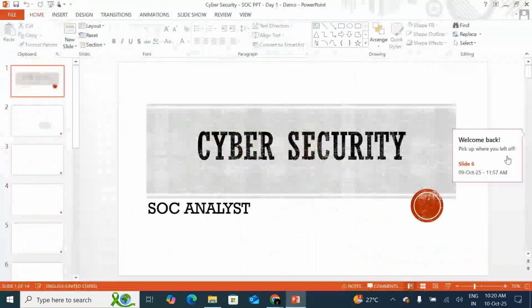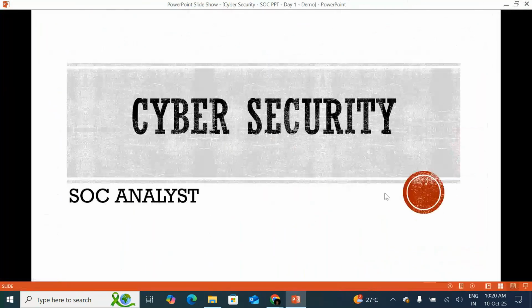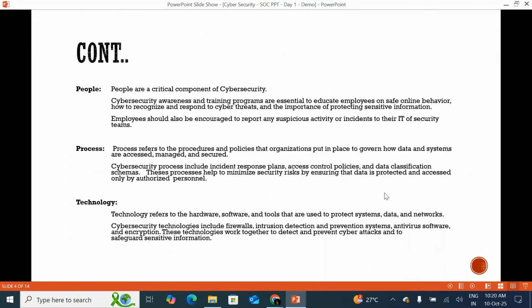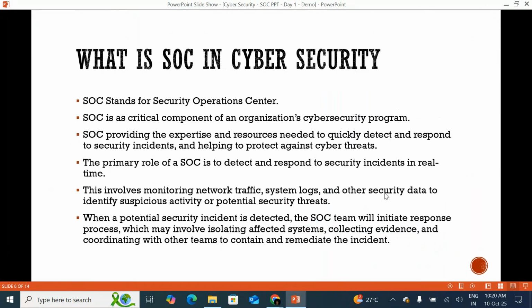So, as we discussed in the last class, the main functionality of a cybersecurity SOC Analyst is to monitor entire network traffic, system logs, and other security data to identify suspicious activity or potential security threats.